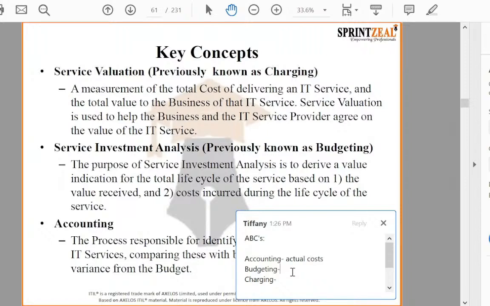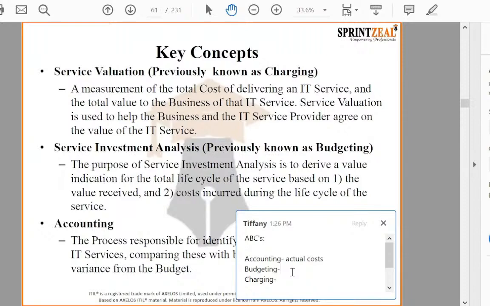And then the charging itself is the charging to an actual account, a measurement of the total cost of delivering an IT service and total value to the business of that IT service. The service valuation is used to help the business and the IT service provider agree on the value of the IT service. So that's the actual charging.